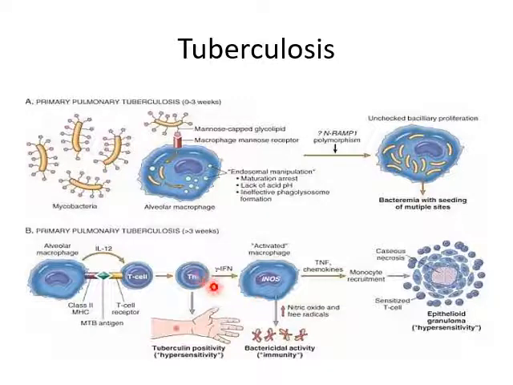Later on, the T helper cell activates the macrophage, and the activated macrophage is able to destroy the intracellular bacteria, and this leads to immunity.